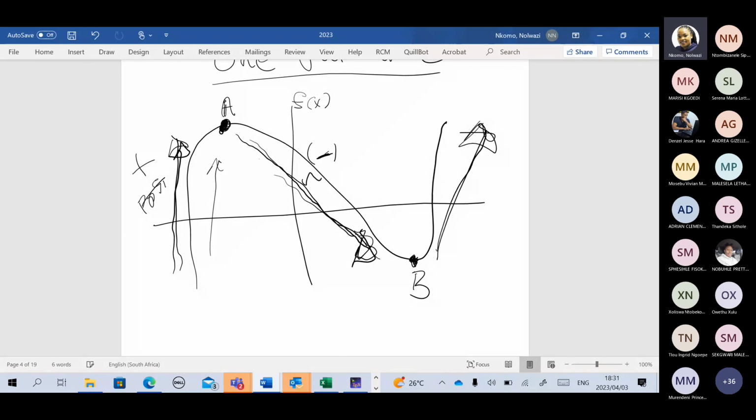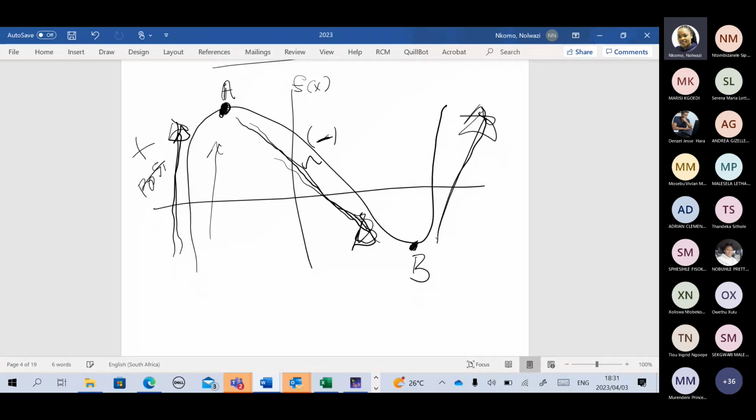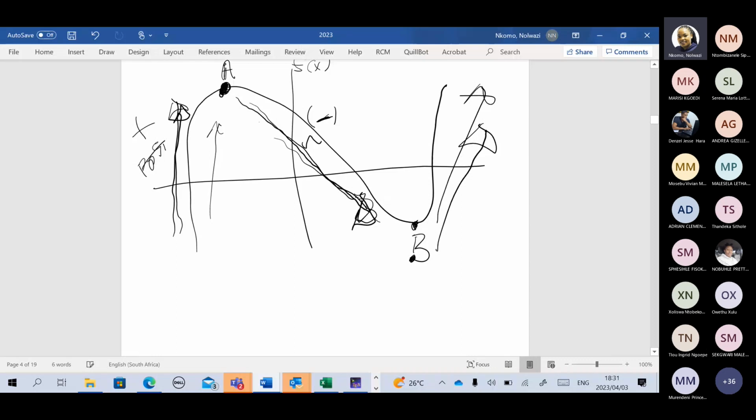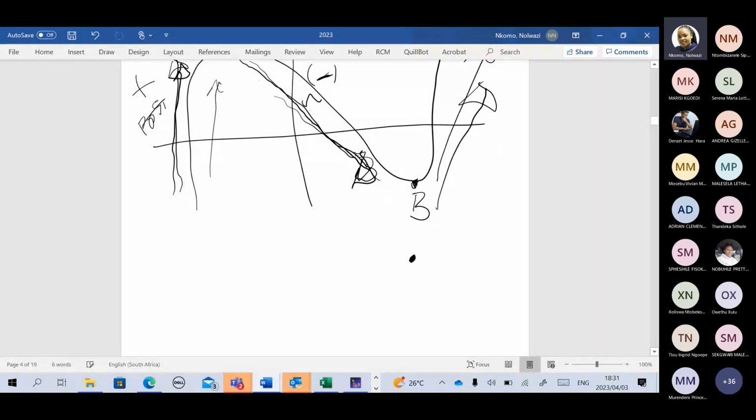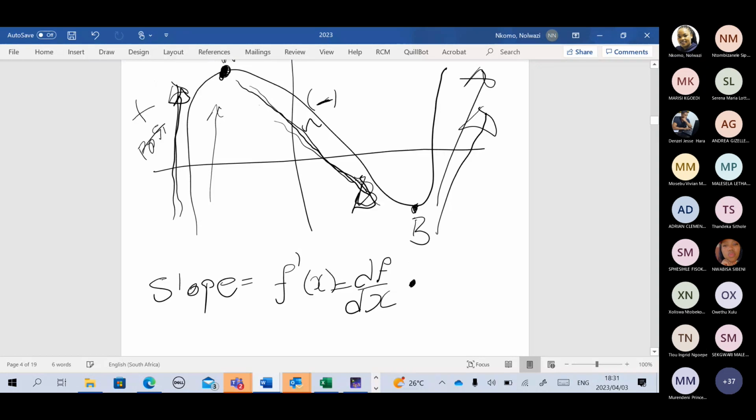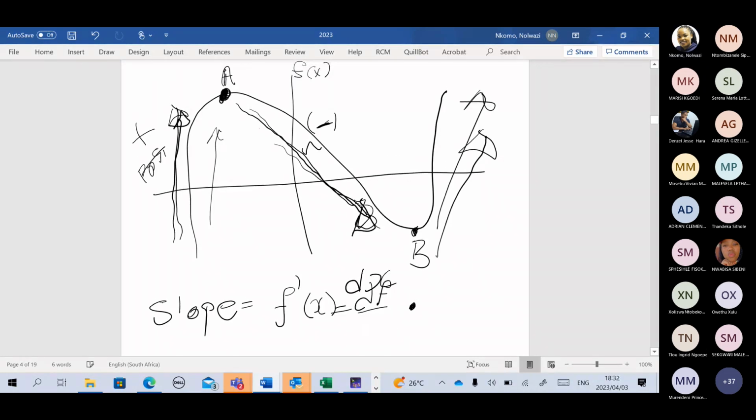This is the equation that we'll use to find the slope of the function. The slope of the function is the same thing as the first derivative. So to find the slope, we'll use slope equals f prime of x, and this equals the derivative of f with respect to x. Here the slope changes from positive to negative.